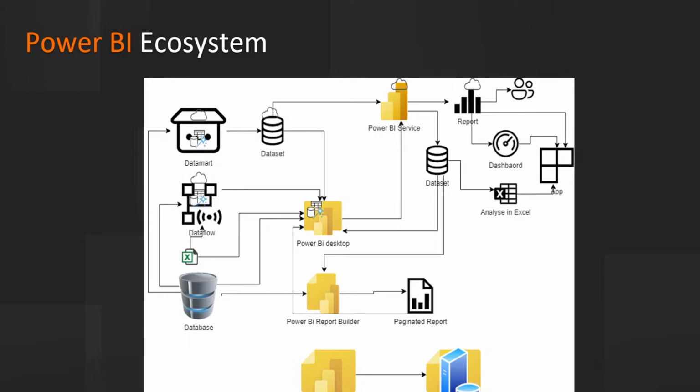Now, just like all other tools, there are chances that you might want everything on premise. So Power BI does have an on premise version that is known as Power BI report server. For the on premise report server, you also get a Power BI desktop optimized for report server. The main Power BI version, which is typically released every month other than January, will not work well with that.